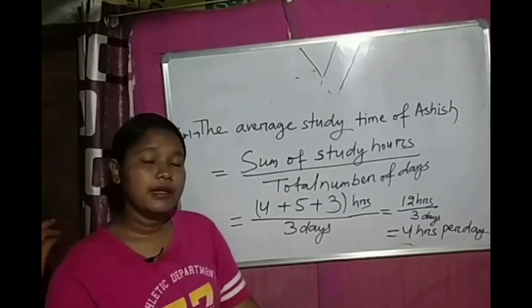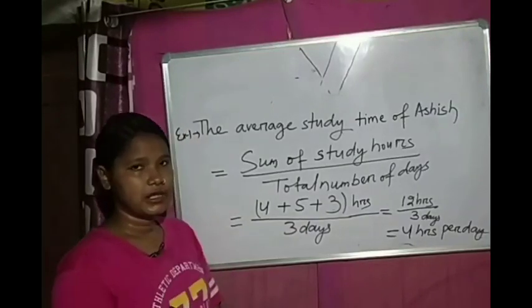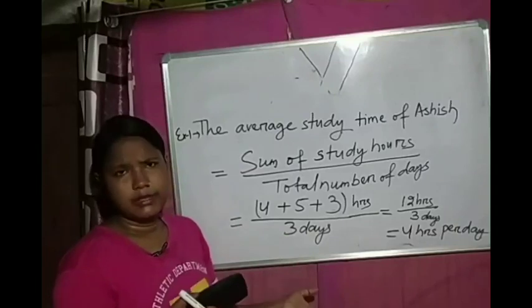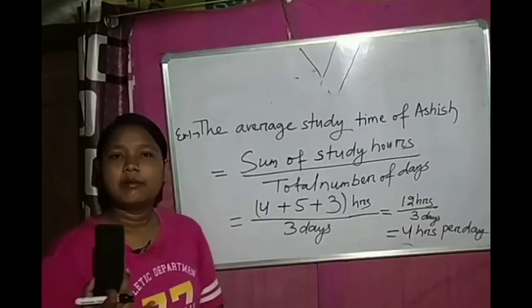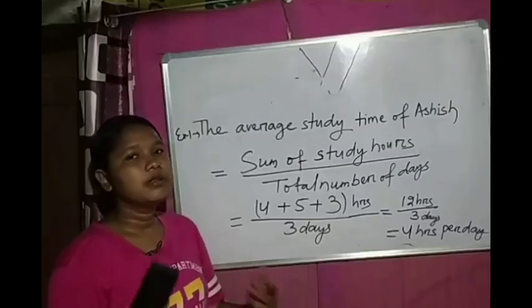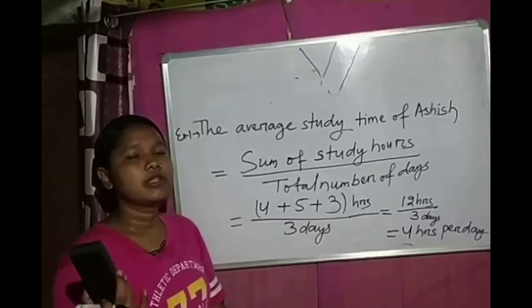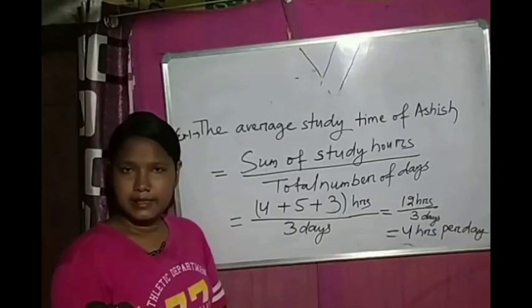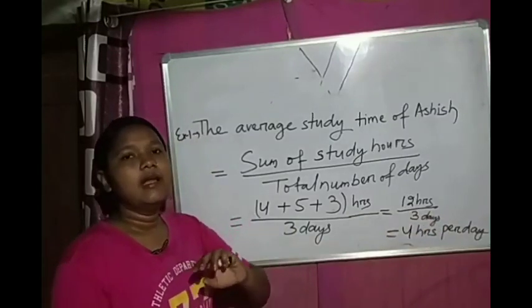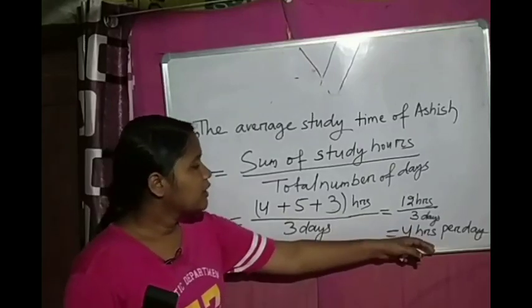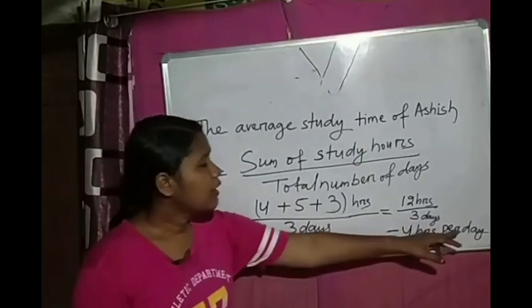That does not mean every day they study exactly that. Someday they study 3 hours, someday more than 6 hours, someday less, but they say it on average. So here the average is 4 hours per day.